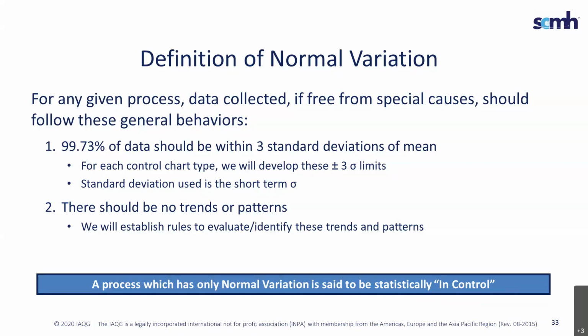Well, if I split that in half, what it really means is only about 1.5 times out of 1,000 am I above the limit, or 1.5 times I'm below the limit. So really, a rough estimate of what we're talking about with common cause and special cause is that 1 out of 1,000 times that thing is expected to happen. If it's not expected to happen 1 out of 1,000 times, then we call that special cause.